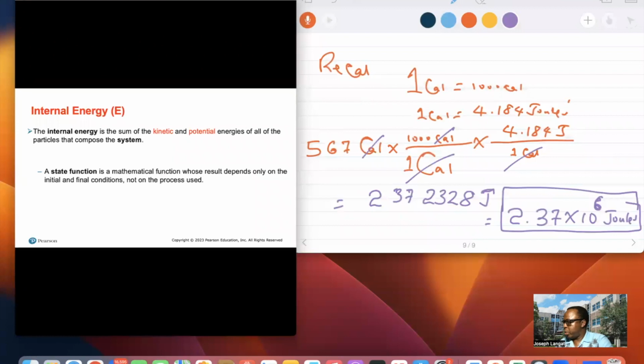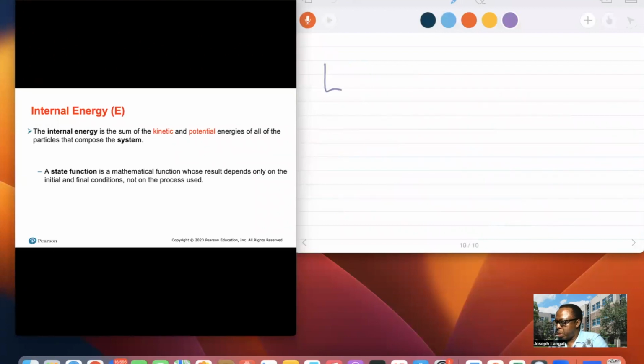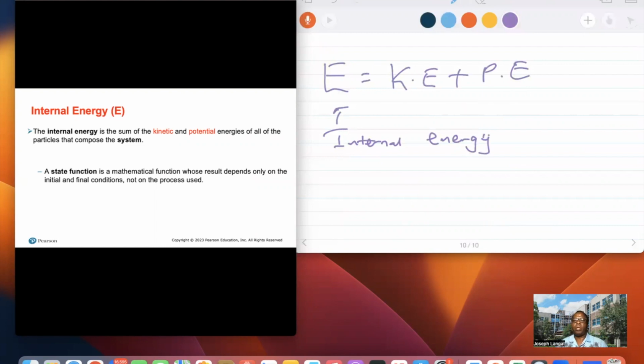So change in internal energy, E, is the sum of kinetic energy plus potential energy. We talk about the internal energy of the system, the sum of potential and kinetic.